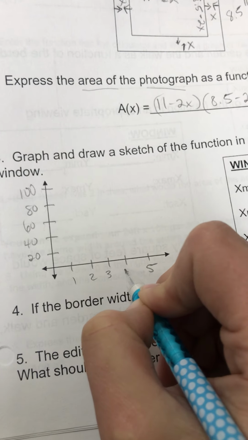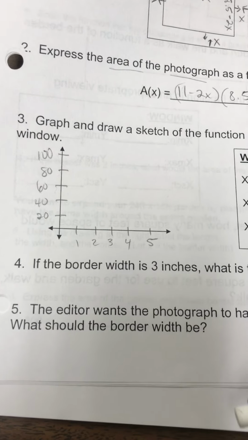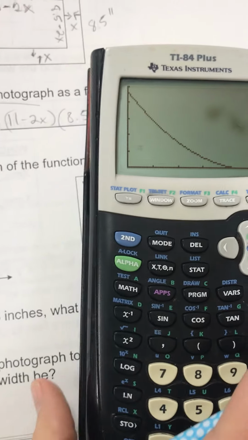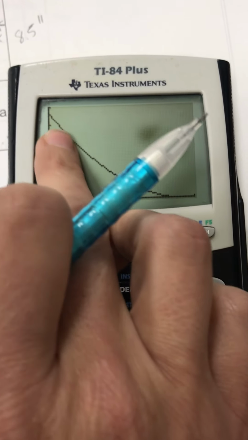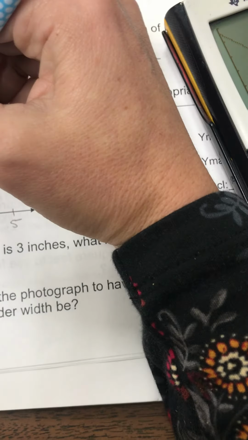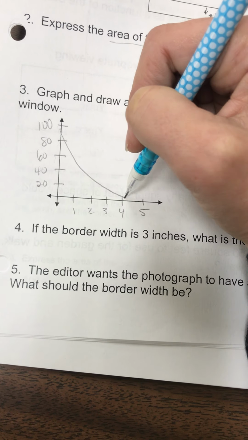Then 1, 2, 3, 4, and 5. All right, so now you take it and it looks something like this. Starting between the 80 and the 100, it starts coming down. That's 80 and that's 100. I'm going to try to replicate that and make it look like this.